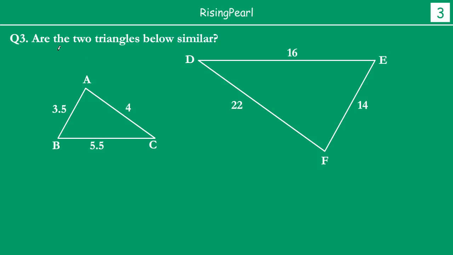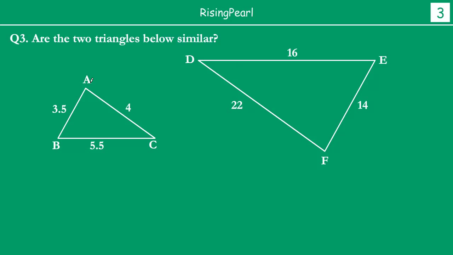Here the question is, are the two triangles similar? If you look at the two triangles again, visually they don't look similar. But let's look at the sides and see if we can do any comparison. So we have 4 and 16. 4 times 4.